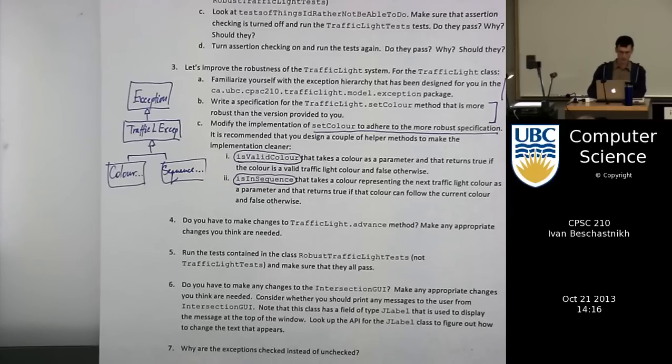That's it. So now I have this exception. I have to add a throws declaration. And now I need to call it from within set color. So I need to call isValidColor. There's no return value, it's a void. I'm just using it to check whether the color is valid. So now I can throw this color exception.